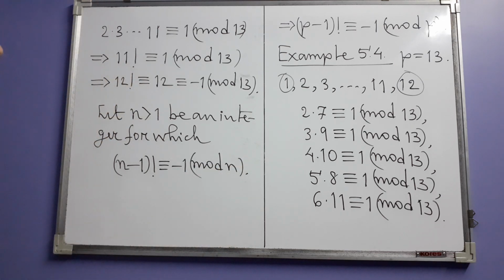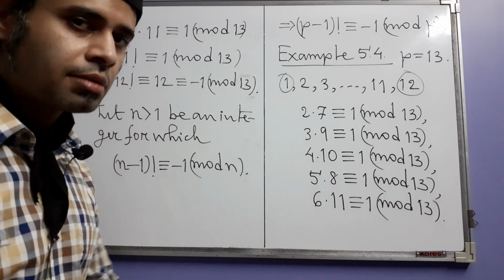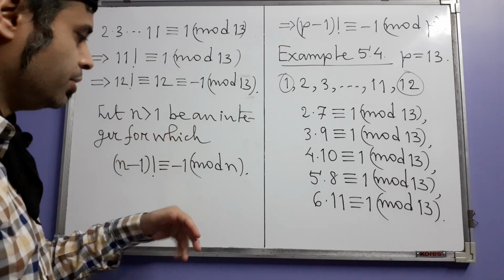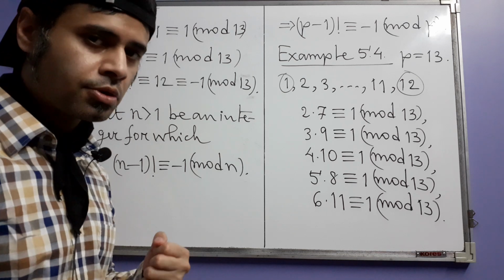The claim now is that n is a prime. Suppose it's not a prime. Okay, because it's greater than 1, being not a prime means n is composite.